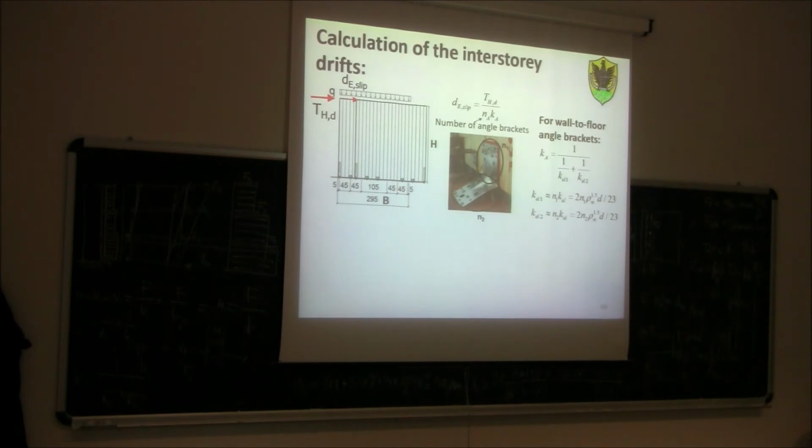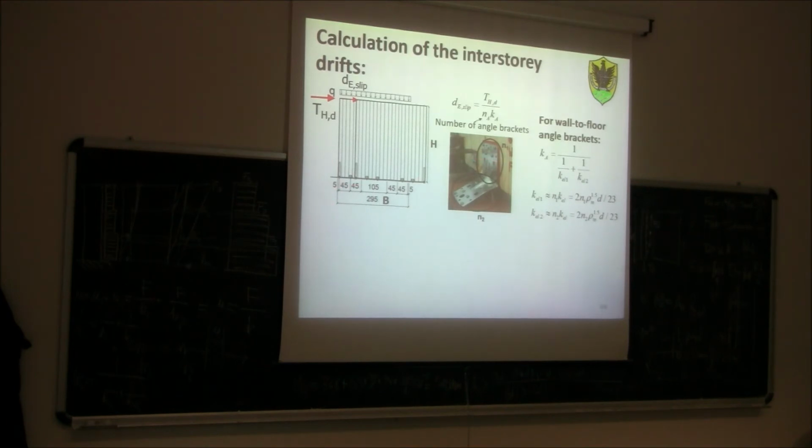So if one day you have to design a colossal building, it's mandatory to also check the damage limit state, so you need to have some formula to calculate this interstory slip. Either you do a finite element model, but again, it's not enough to use only the shell elements. We need to also model those springs, using the angle brackets as springs.